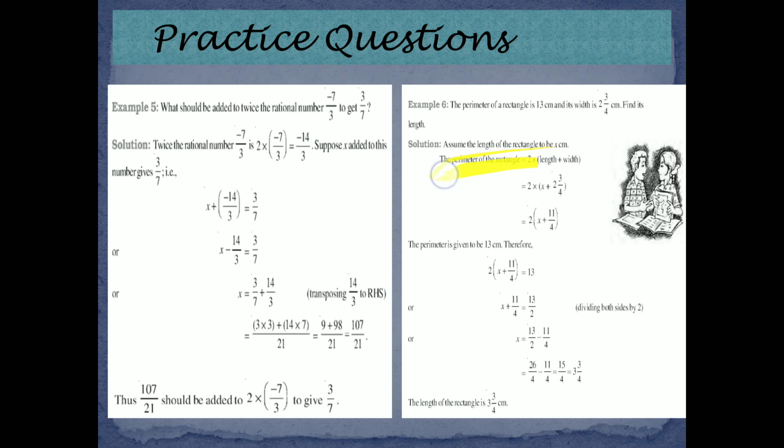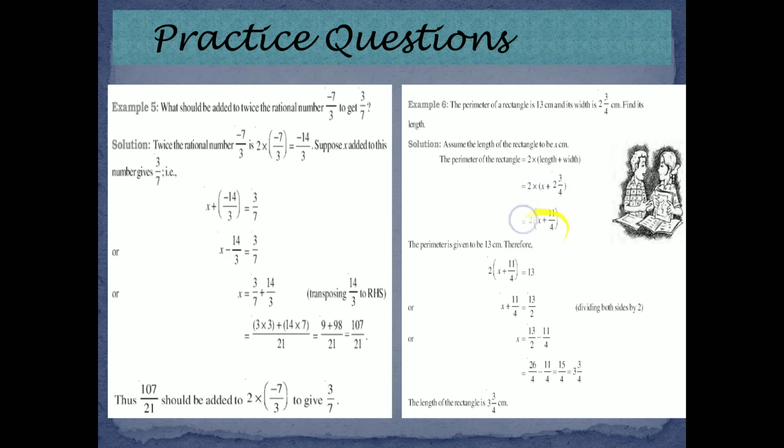In place of perimeter I will put the value of perimeter. If I assume length as x, the perimeter equals 13 centimeters, so 2 into x plus 2 3 by 4. After solving this mixed fraction I get 11 by 4, that is breadth or width.